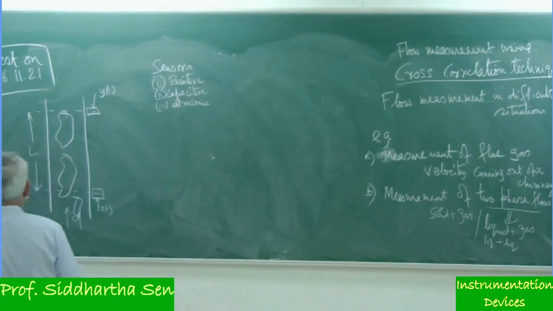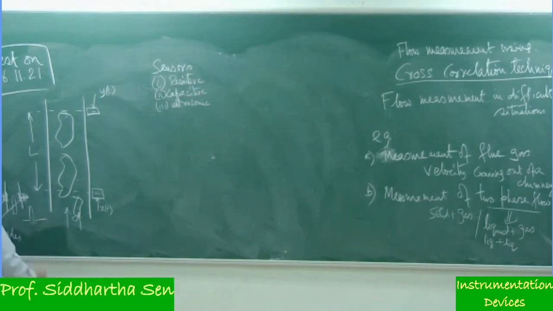So if I just consider a single bubble moving, as the bubble moves, the resistance increases, and after some time you will get some signal like this. So this is a conductive type electrode.